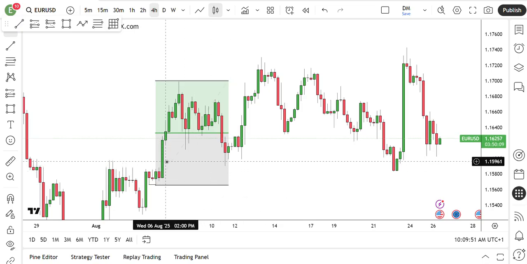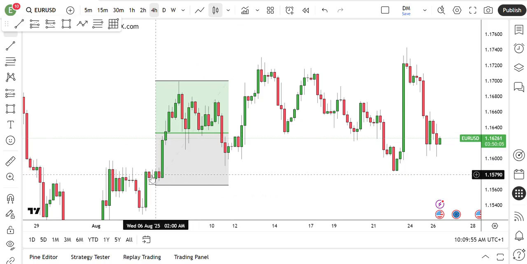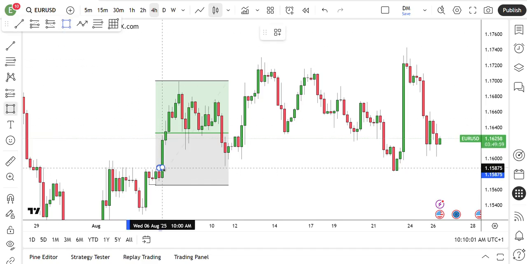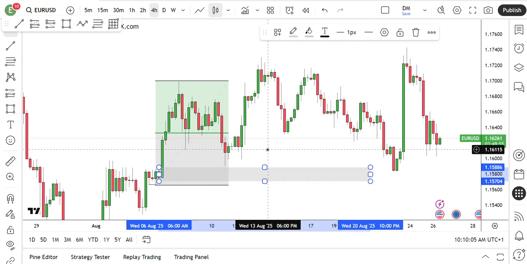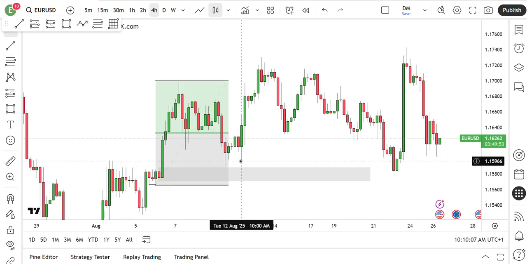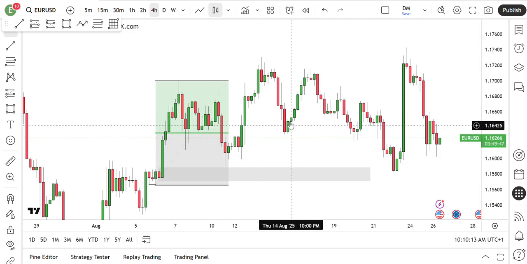It just touched into the peripheral demand, which was the breaker block. The real demand is in this area, and it didn't touch it as it should. So you can see very obviously that price did not touch it. It went there and made a new high.